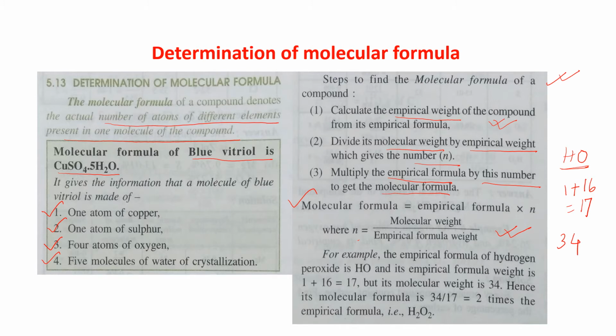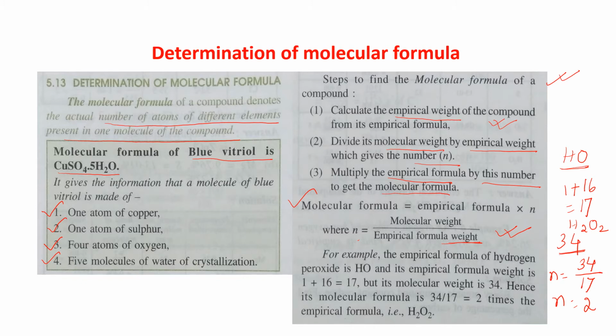Okay, this is a known example. The molecular formula of hydrogen peroxide is H2O2, so its molecular weight is 34. So how to calculate N? N is equal to molecular weight, that is 34, by empirical formula weight, which is 17. So I am getting N as 2. Now how to find the molecular formula?